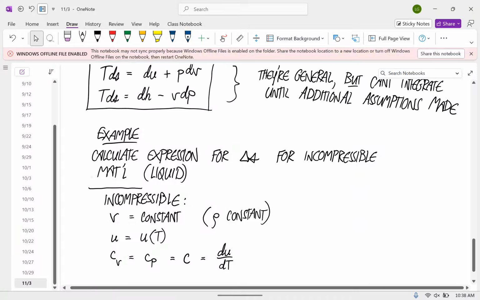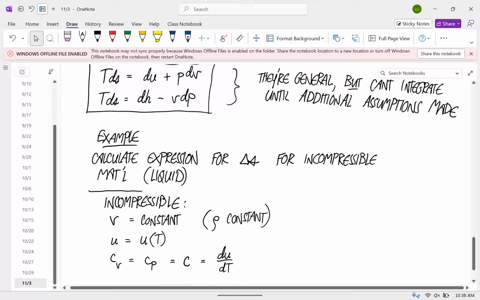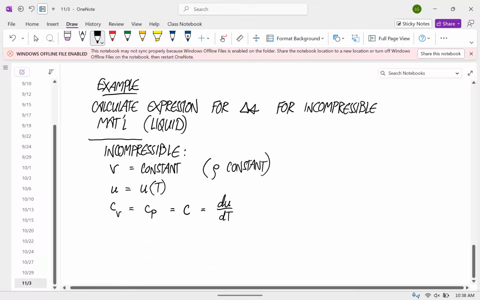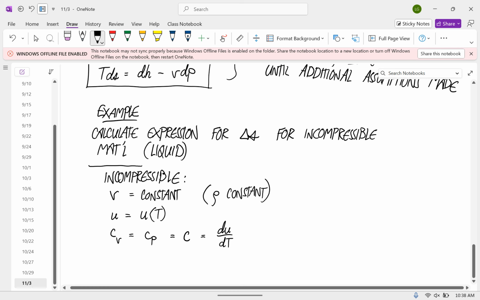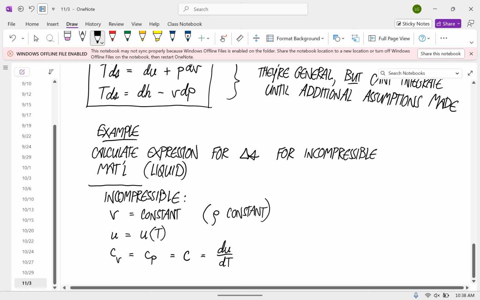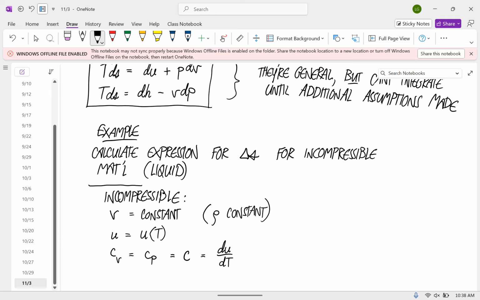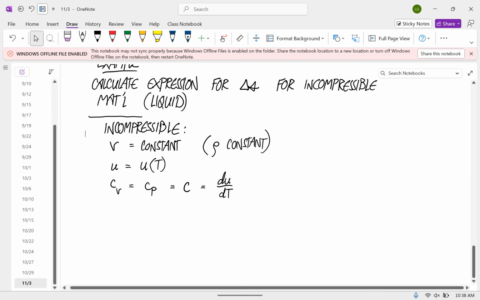So let's go up to these TdS equations. None of these things that were given for incompressible say anything about h. So let's start with the one that talks about stuff we're given. You know what I mean? So there's no h.